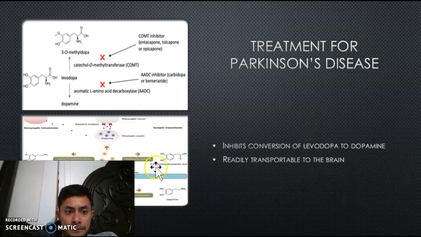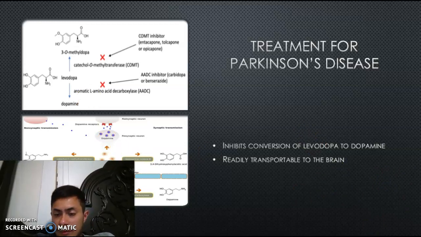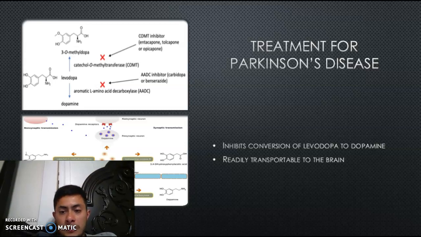But on this other graph, yes, we are stopping levodopa from being converted into dopamine, but only in other places. If we stop this process everywhere else except for the brain, all of this excess L-dopa is sent to the brain, where it is converted into dopamine, as we can see here.